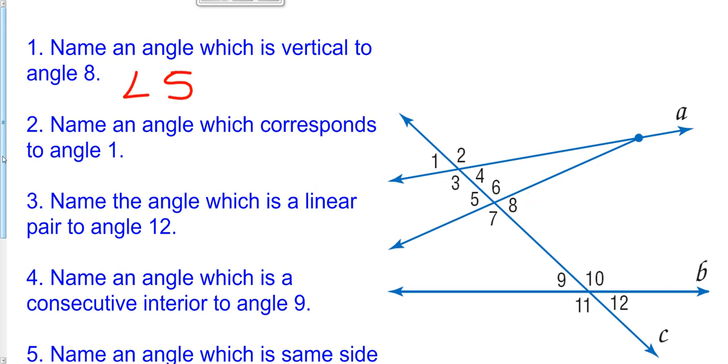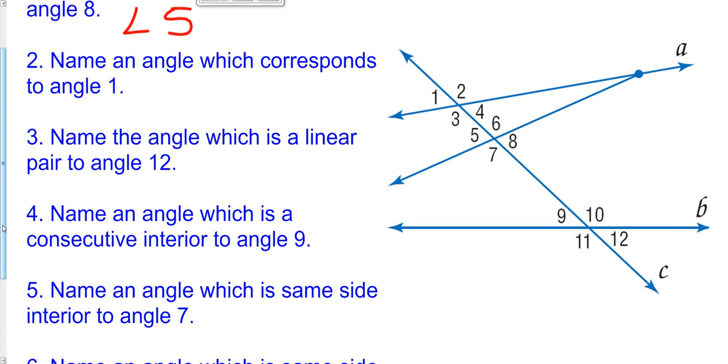Question number 2 says, name an angle which corresponds to angle 1. So I will circle angle 1 here. Corresponding angles are on the same side of the transversal. So we're going to skip 3 and move down to 5. 1 and 5 correspond. So angle 5. But that isn't the only corresponding angle.